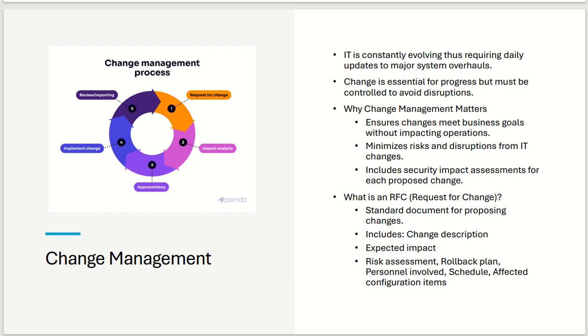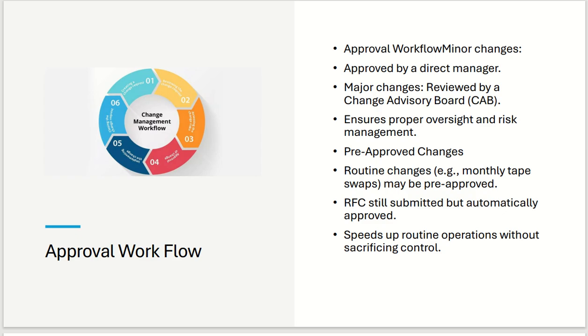It's important to have a request for change because it helps with assessing risk. It helps with developing a rollback plan, and it helps to track items that will be affected so that you can take note of their configuration.